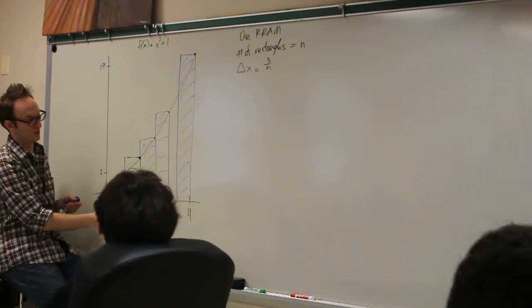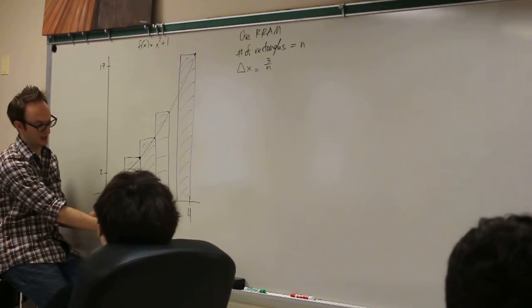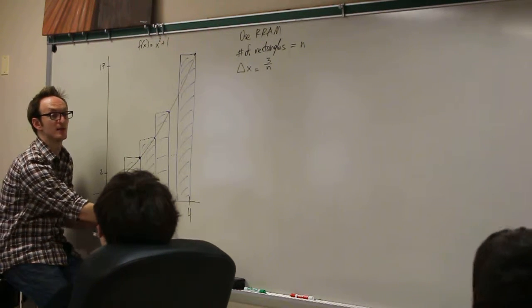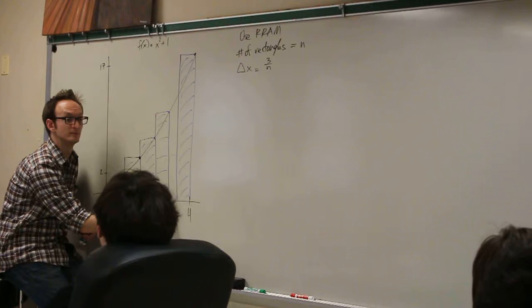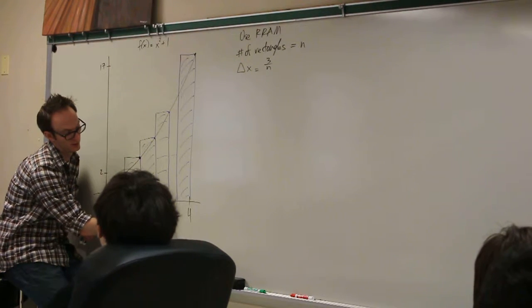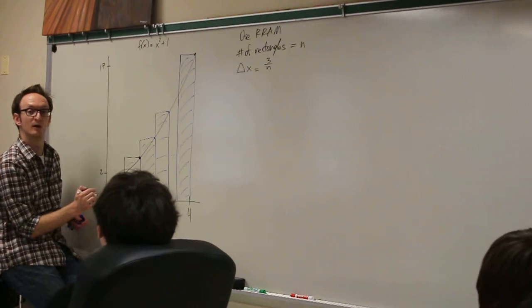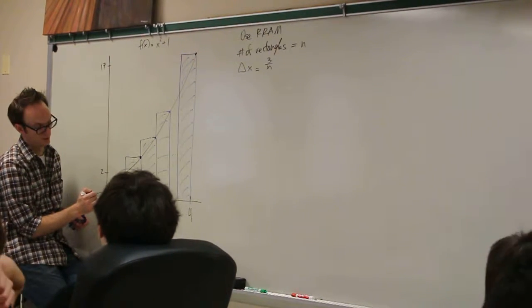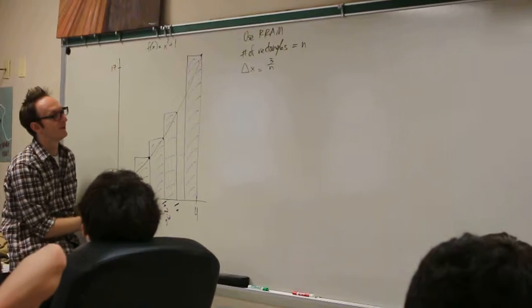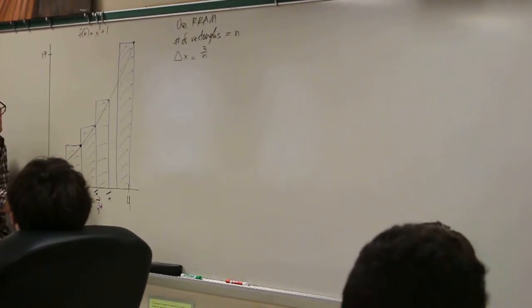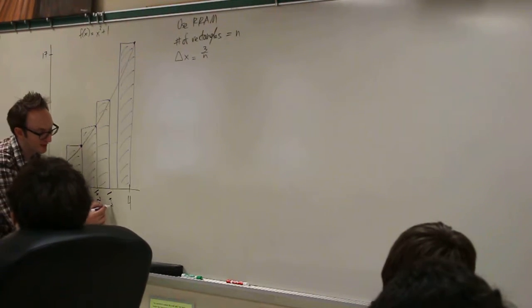So that's 1 plus 3 over n, and then plus another 3 over n, plus another. Wait, how many times have I skipped by 3 over n at this point? Well, this is my first rectangle, this is my second rectangle, this is my third rectangle. By the time I'm at the right, yeah, times 3.